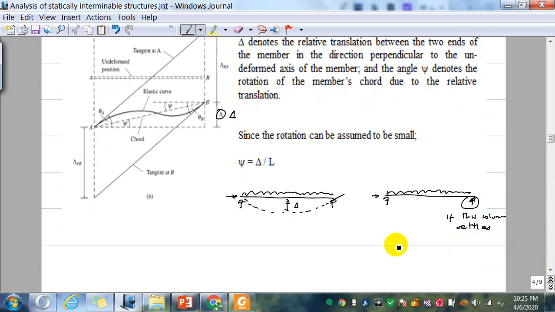In that case the beam is going to take a shape like this. So this support stays at this point and this support is now here, so the beam has to bend like this. This is the settlement of support.